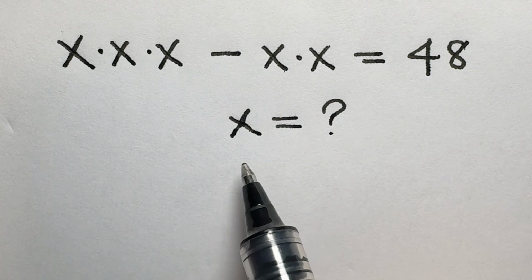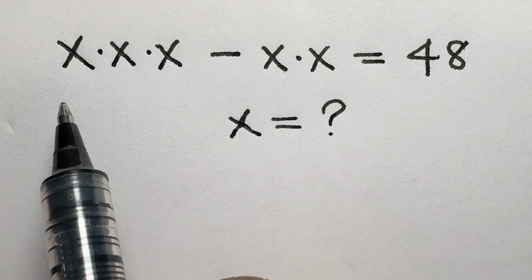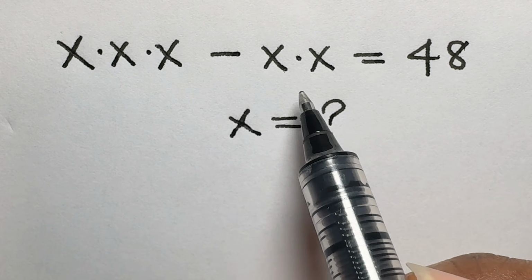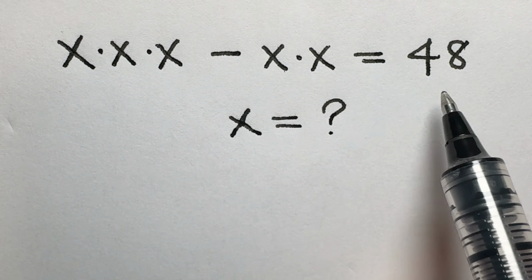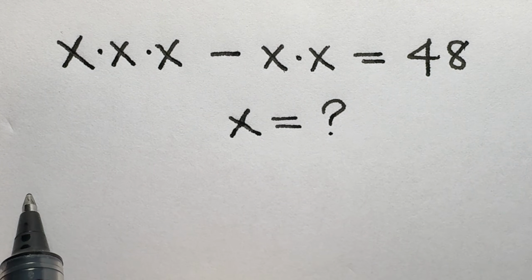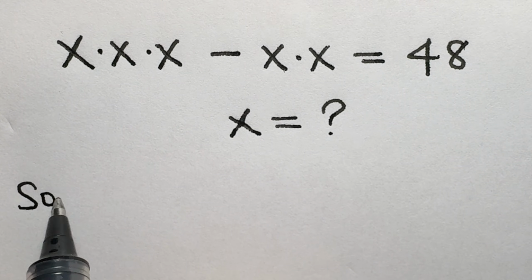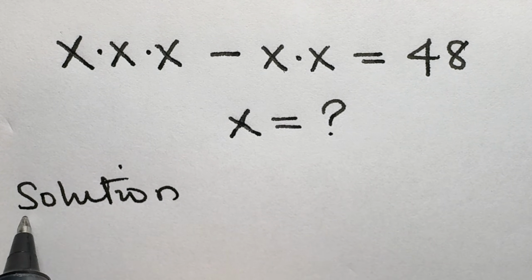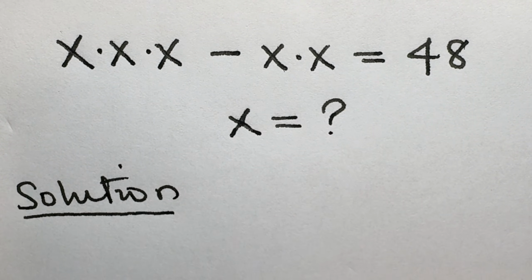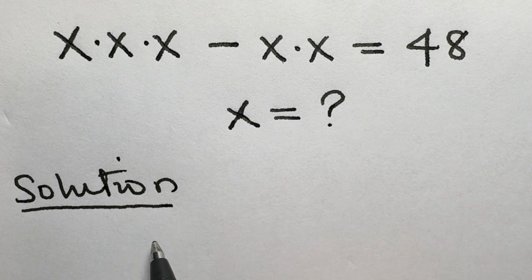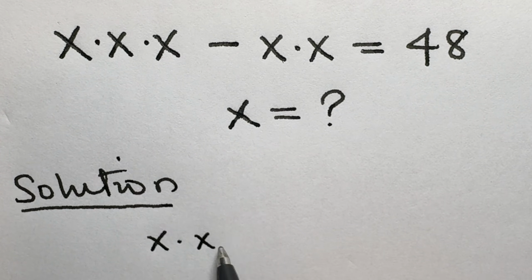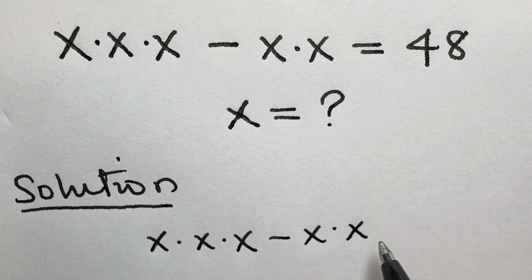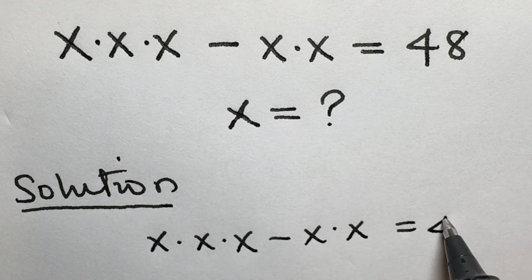In this video, we want to solve for x given x times x times x minus x times x is equal to 48. So we have x times x times x minus x times x is equal to 48.